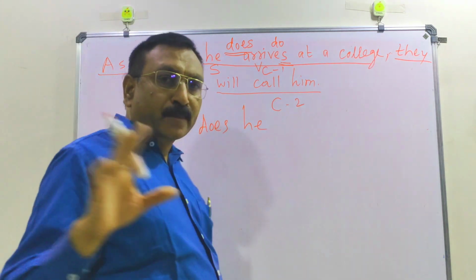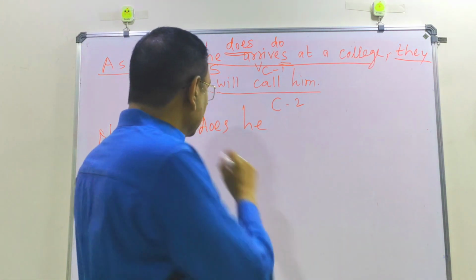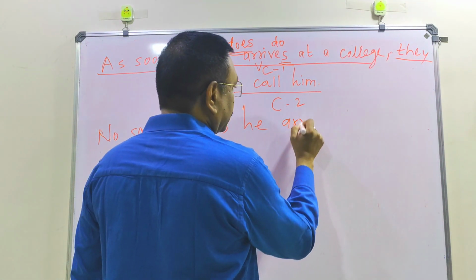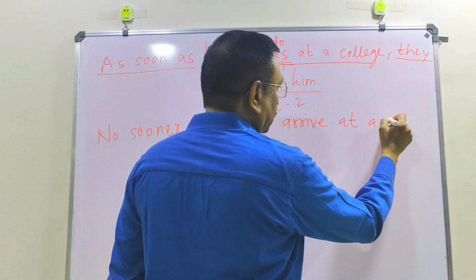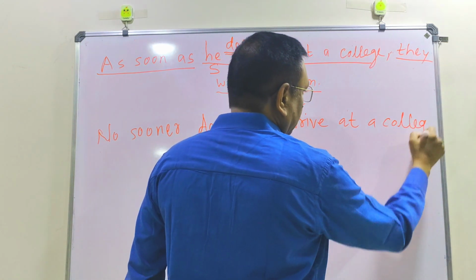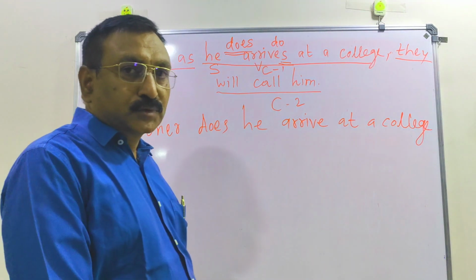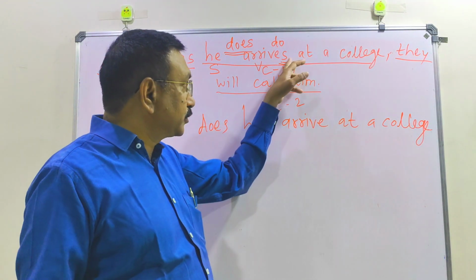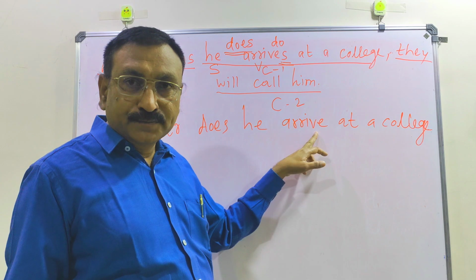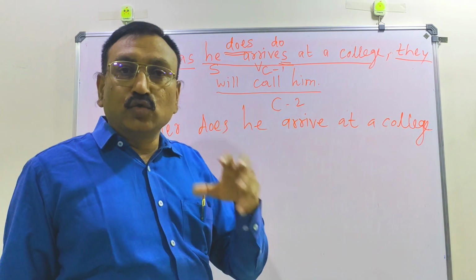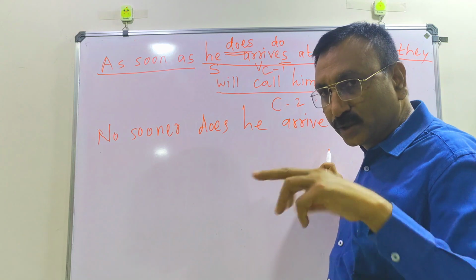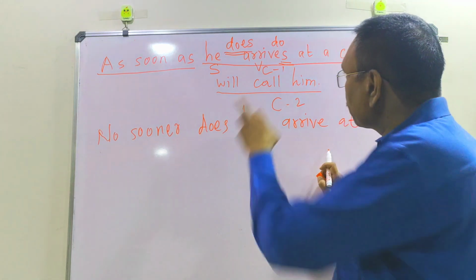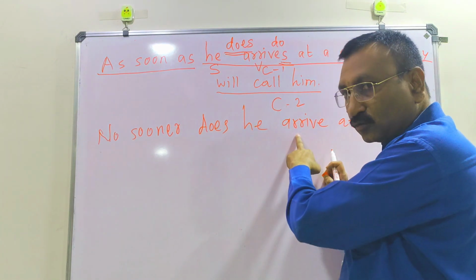So write down the plain verb, the base form of the verb. No sooner does he arrive at a college. Why did I remove this suffix s from the verb arrive? Because we used the auxiliary verb does here, and that is why we cancelled the suffix from the verb arrive.